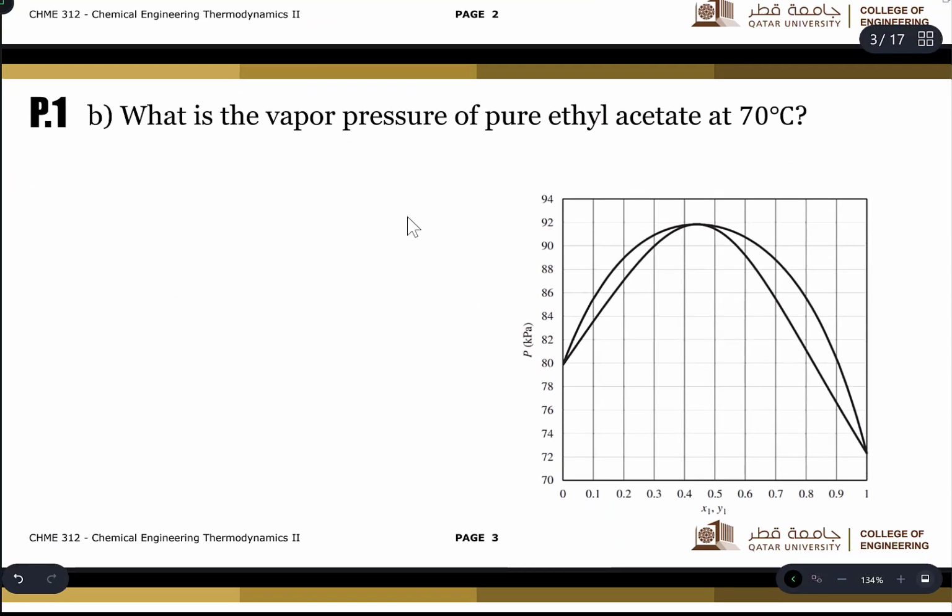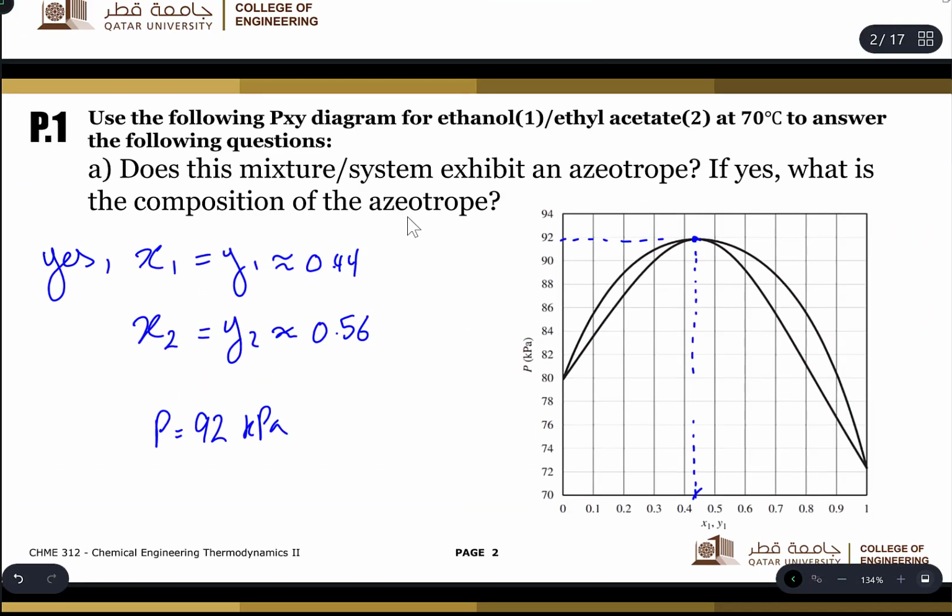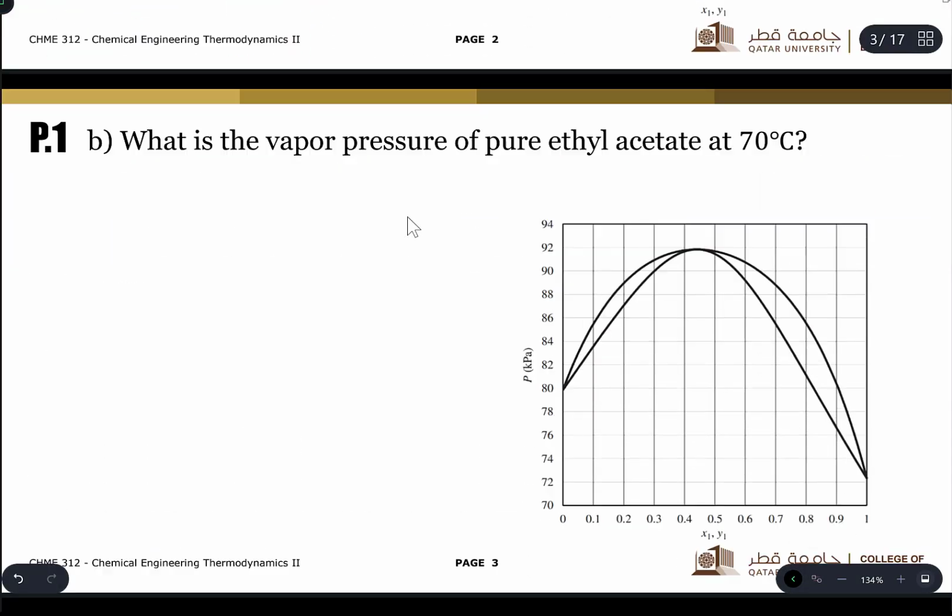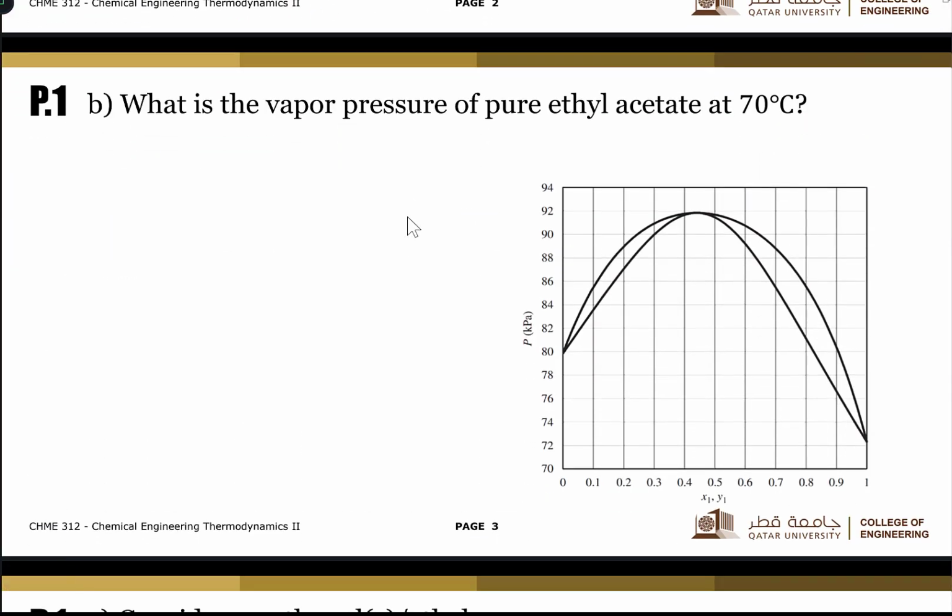What is the vapor pressure of pure ethyl acetate at 70 degrees Celsius? From the previous question, ethanol was component 1, ethyl acetate was component 2.